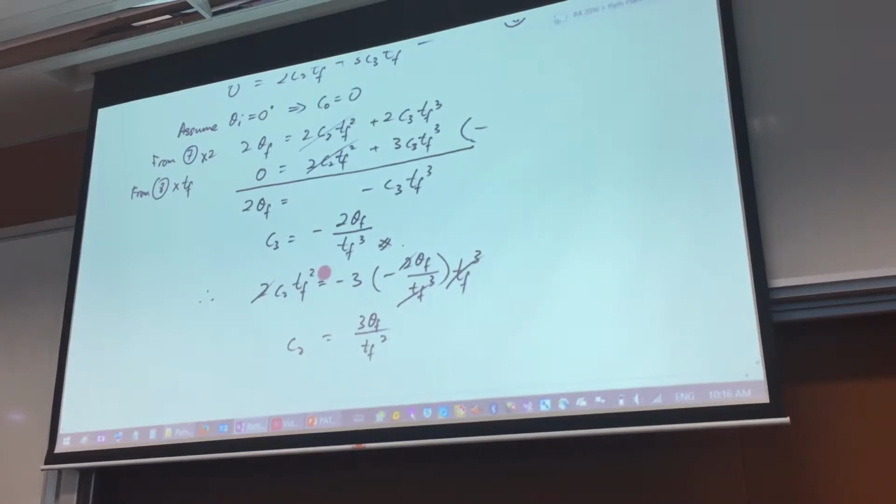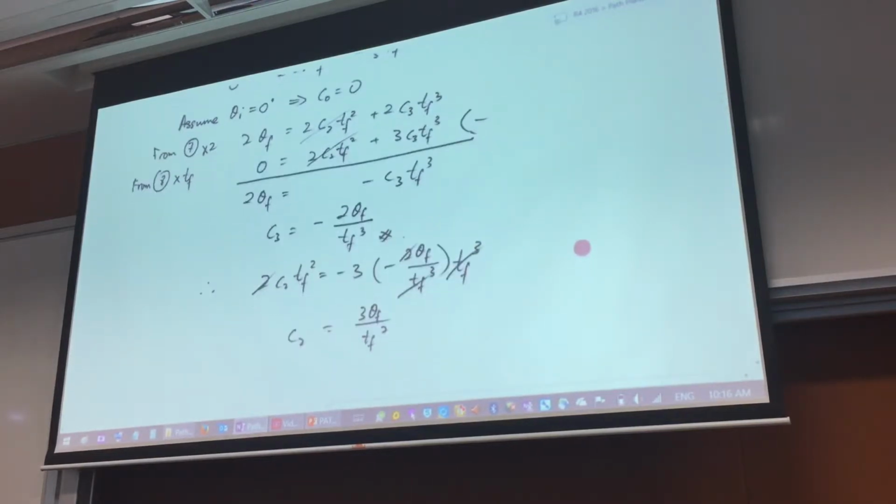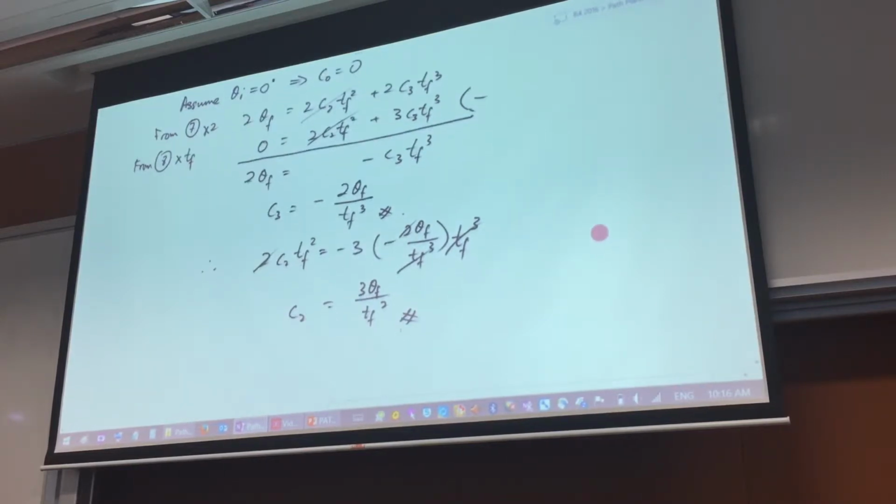I missed that out. Yeah, I was using this one over here. So C2, C3 now has been solved, and finally let's put everything together, all your solved coefficients.